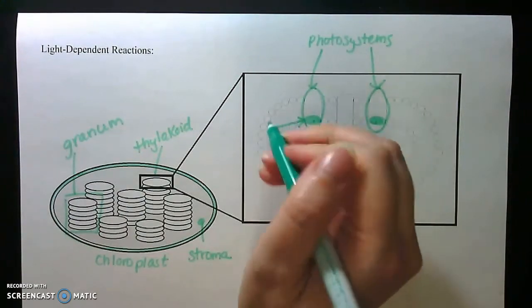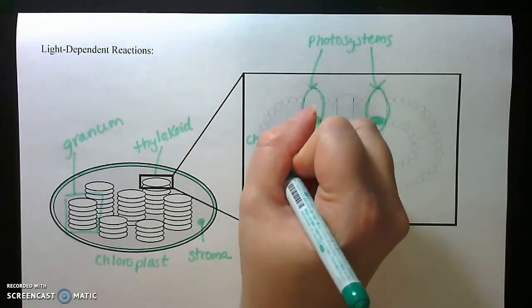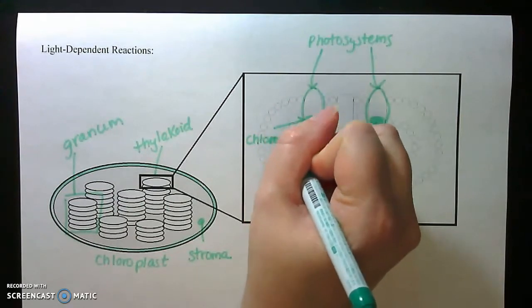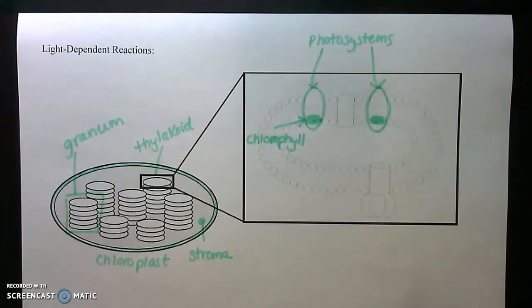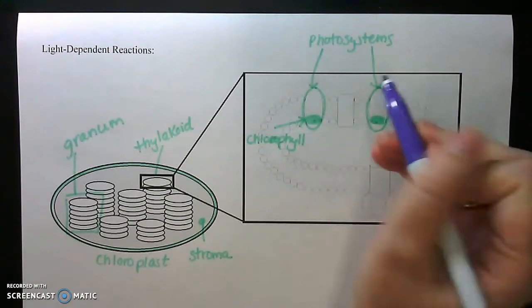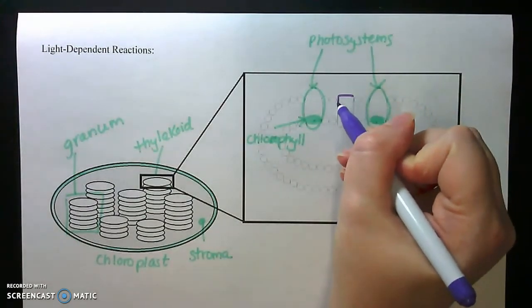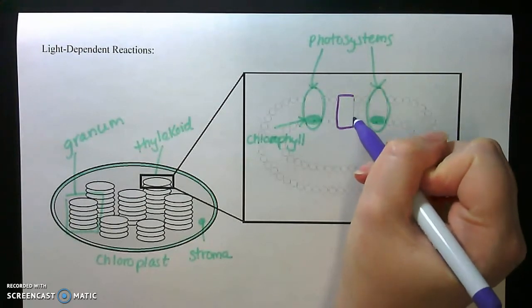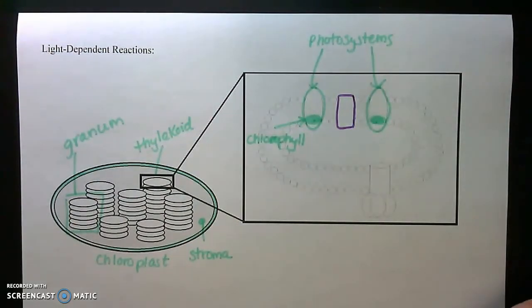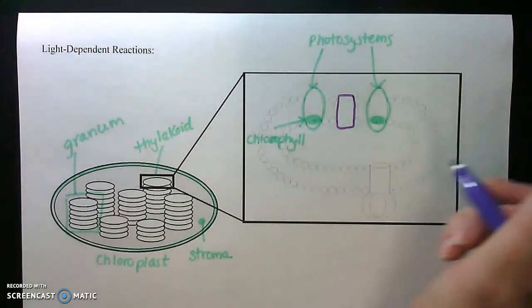So this would be our chlorophyll. Now also embedded within this membrane, you can see that we have this rectangle, which is meant to represent proteins within the electron transport chain.